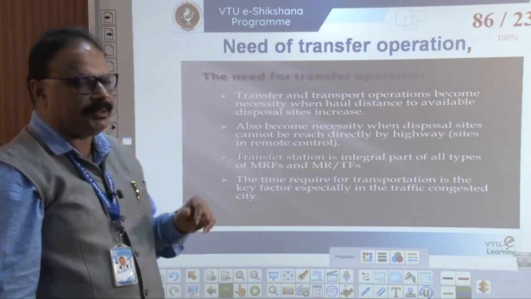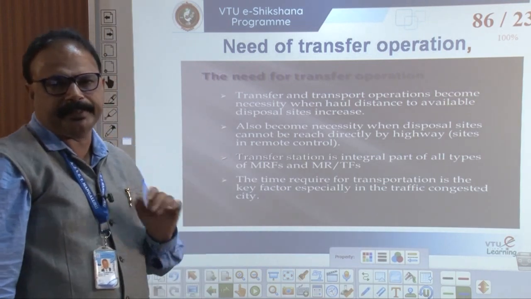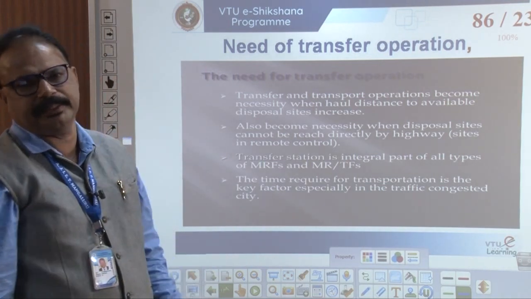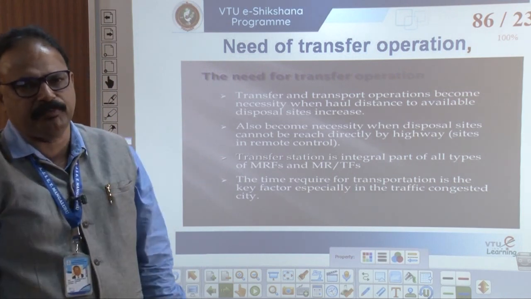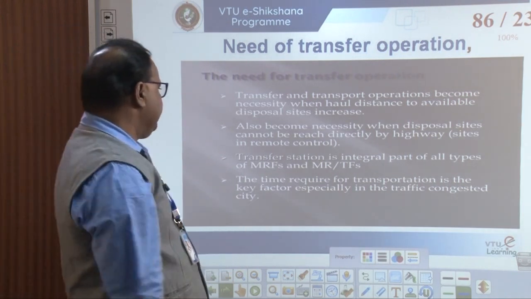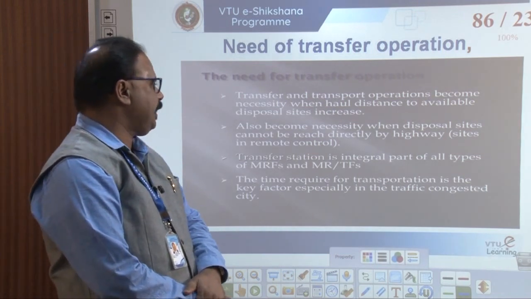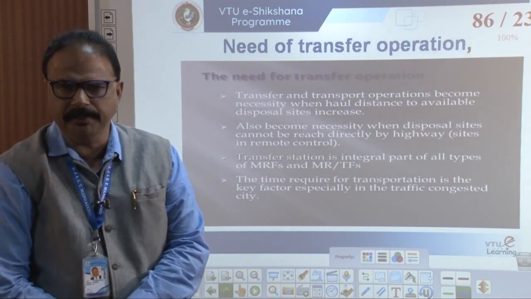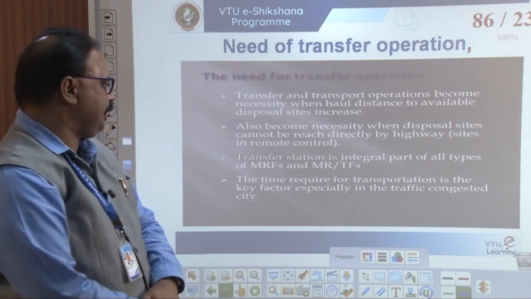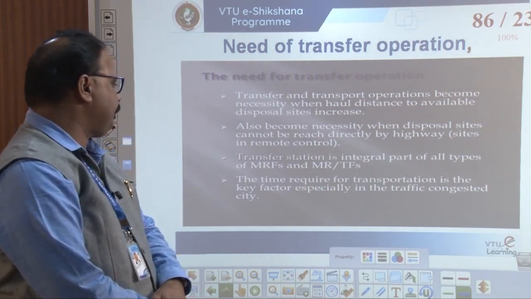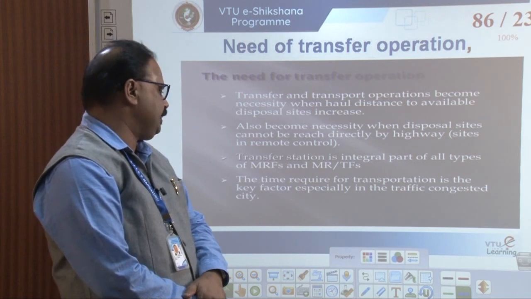Need of transfer operation: transfer operation becomes necessary with the long distance available for the disposal site, as the disposal site cannot be reached directly by the highway. This is very important. A transfer station is an integral part of all types of MRF and MRFTS.